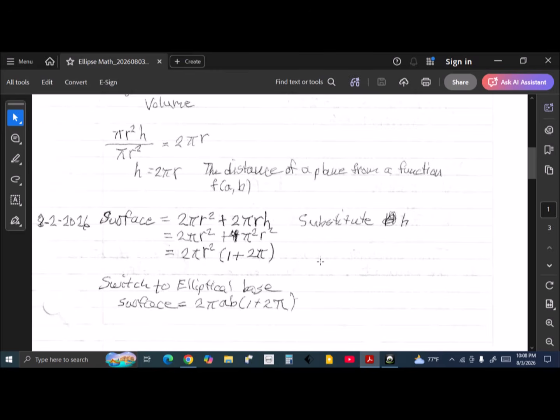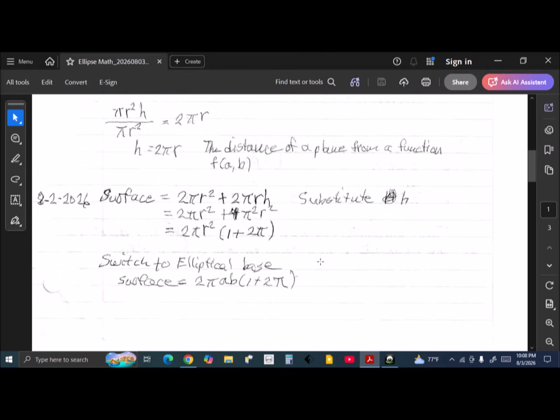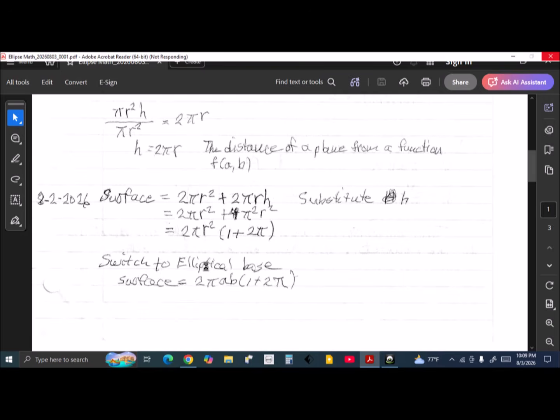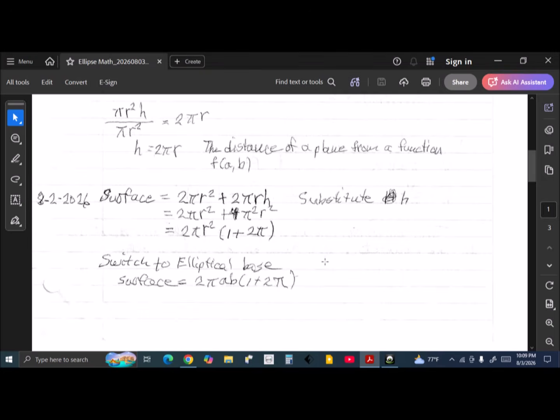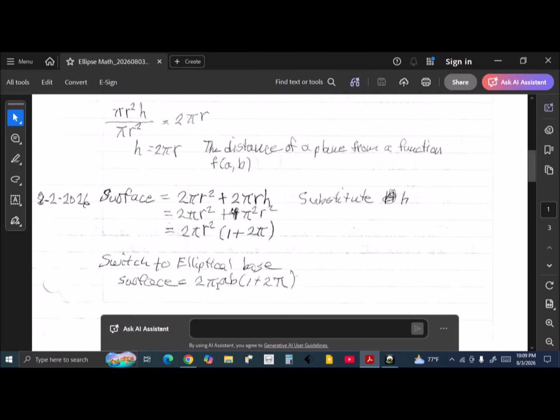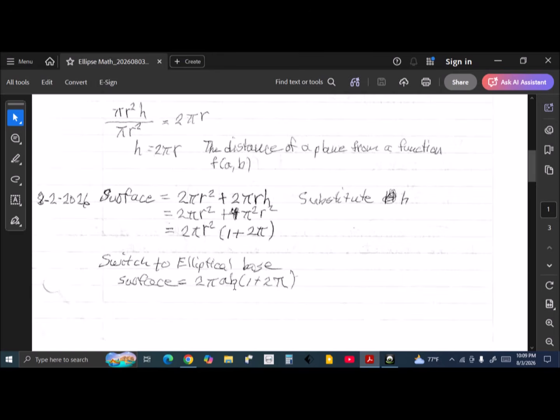So since we know the formula for the area of the base of an ellipse, I switched to an elliptical base just by plugging it into the circular cylinder formula and turned it into an elliptical cylinder by simply using pi AB, the area of the top and the bottom, as the area of an ellipse, a formula that we know.